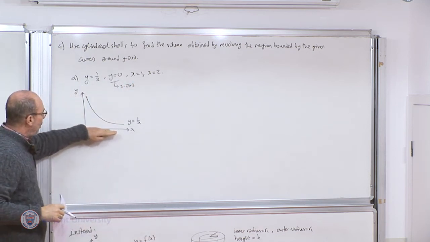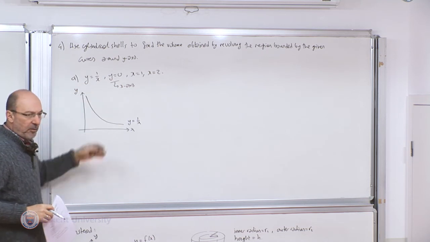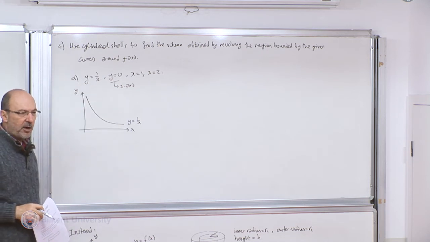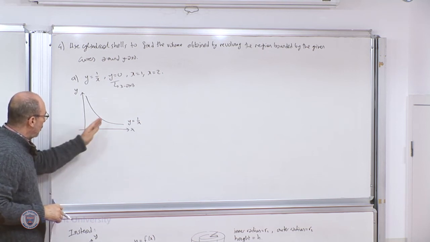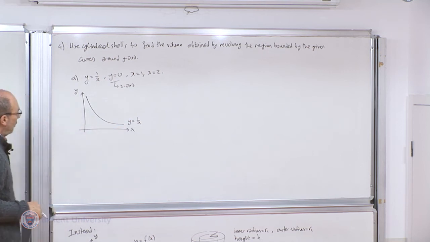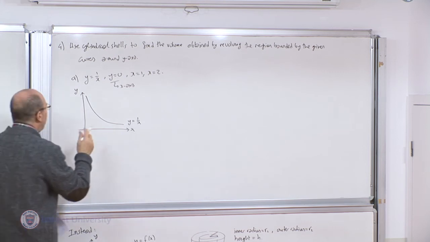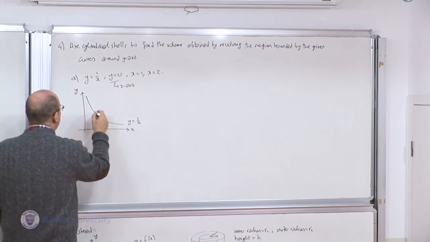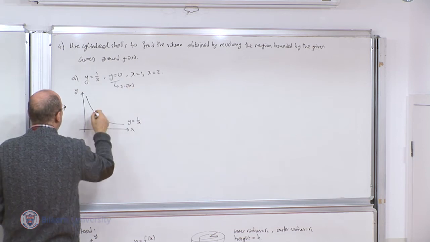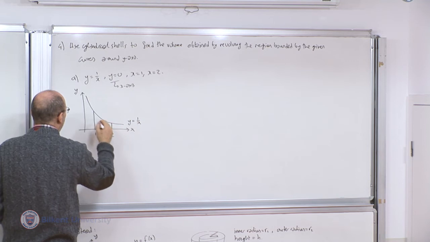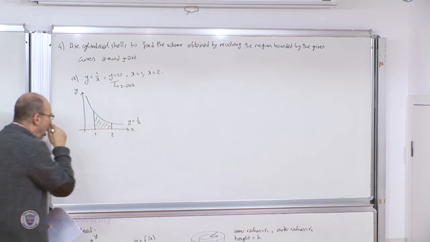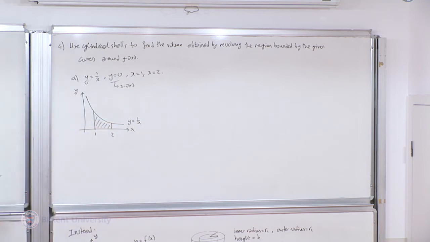Now, the area between this and this curve is infinite, which we will see maybe at the end of the semester. So we should stay away from this part. So here it says just take x equals 1 and x equals 2. So this is the region that we revolve.